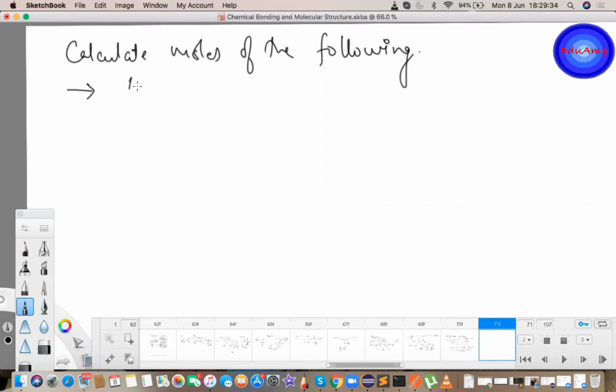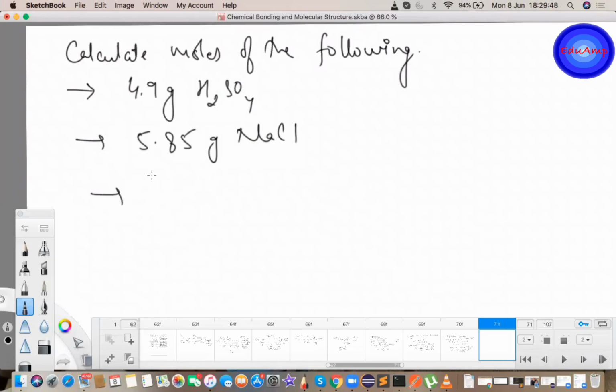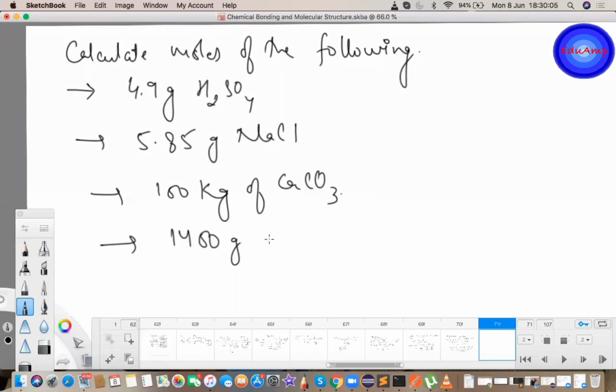Calculate moles of the following. First, 4.9 gram of H2SO4. Second, 5.85 gram of NaCl. Third, 100 kg of calcium carbonate. Fourth, 1400 gram of nitrogen.